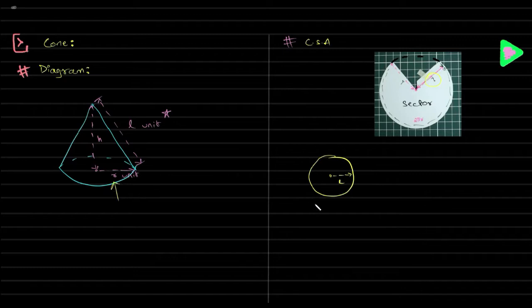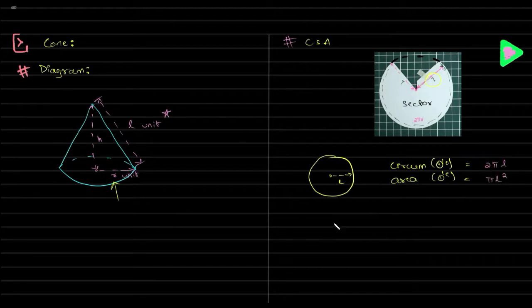So first thing is that. So for this circle, I would like you guys to figure out the circumference and the area of this particular circle with radius L. So this would be what? Yes, 2 pi L, and this would be pi L square.